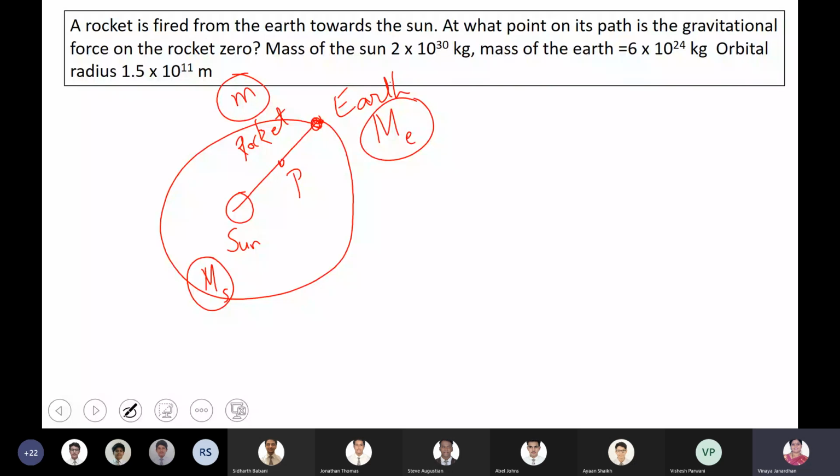Mass of the earth and mass of the sun are given, orbital radius is 1.5 into 10 to the power of 11 meters. Think how you people will do this.